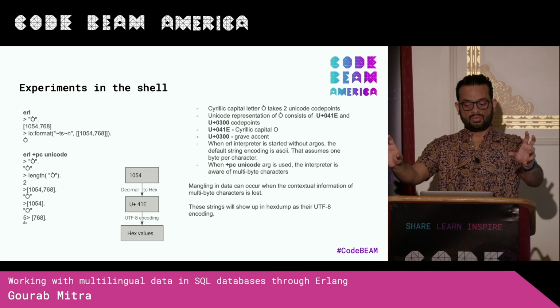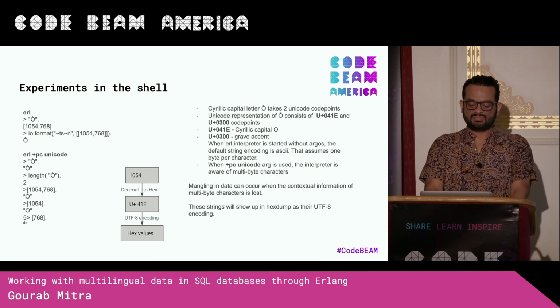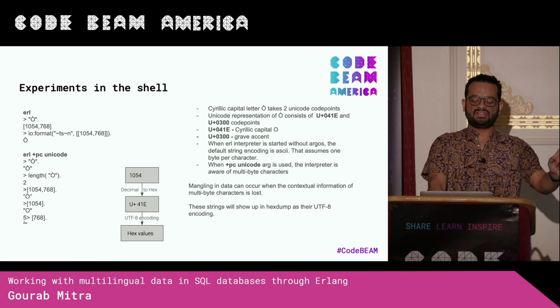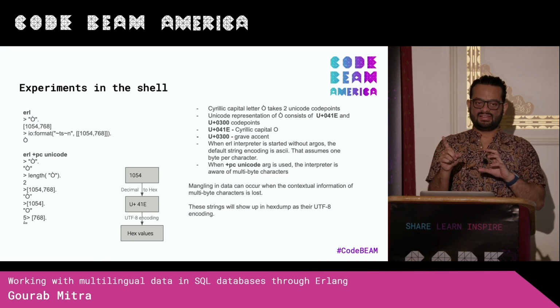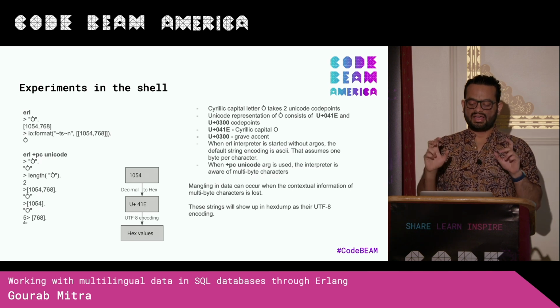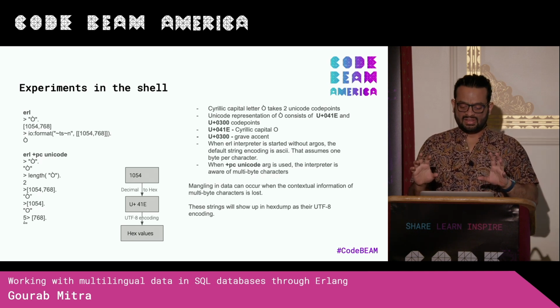But oh no, that was not our original character. What this output is saying is that O with a grave accent can be represented by two code points, O and the grave accent.